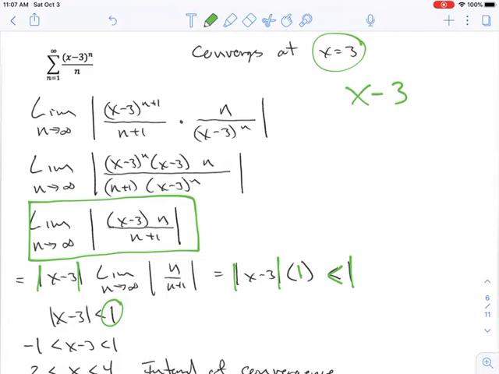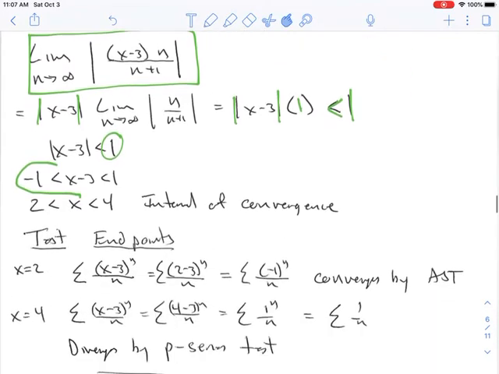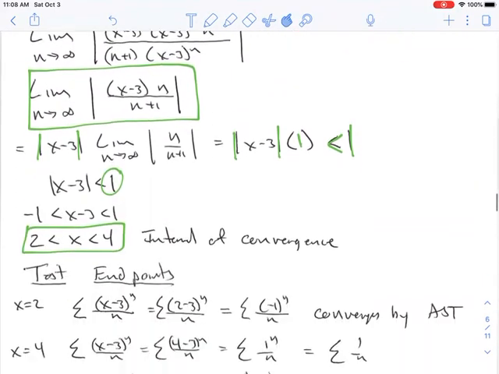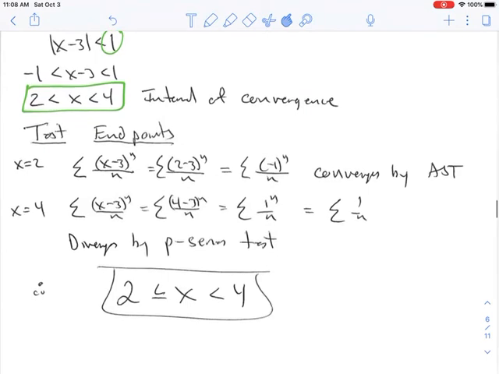Our interval of convergence then is from 2 to 4. So the center was at 3, and that makes sense. 3 is the center, so on a number line we have the center, my a value, at 3.